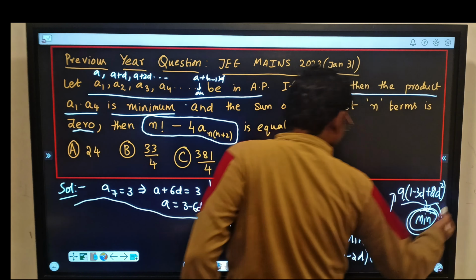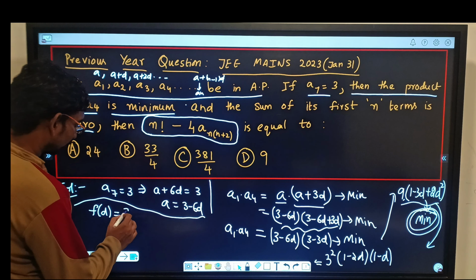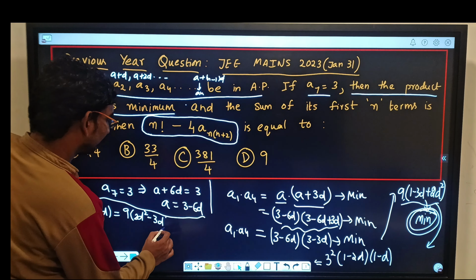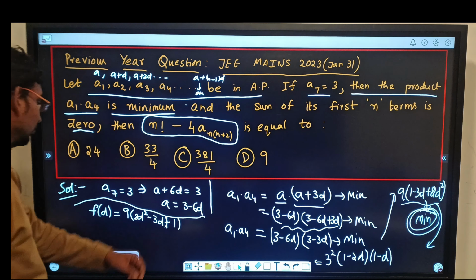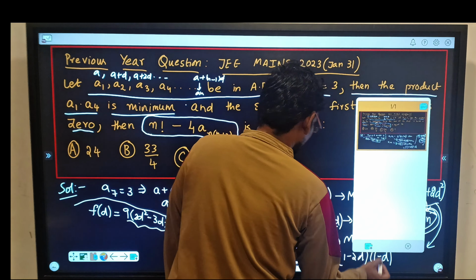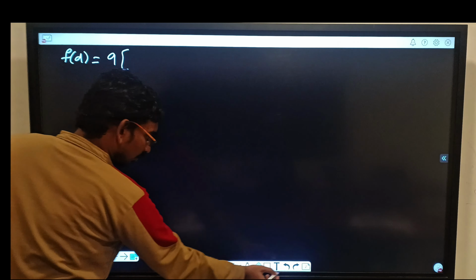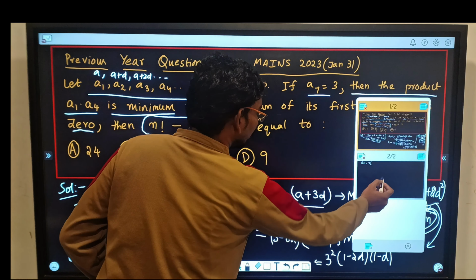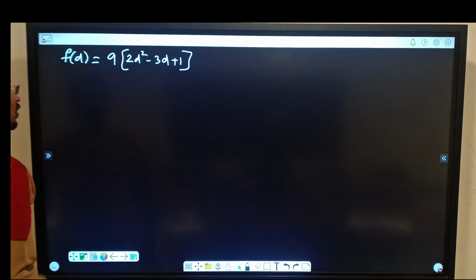So f of d is equal to 9 into 2d squared minus 3d plus 1. It is minimum.